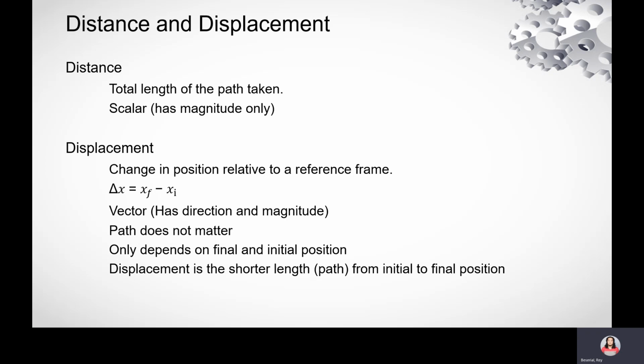And then yung displacement naman natin, ito siya yung change in position relative to a reference frame. Ang kanyang formula is yung ating delta x is equal to the final position minus the initial position. And then ang displacement, again, is a vector quantity. It has direction and magnitude.